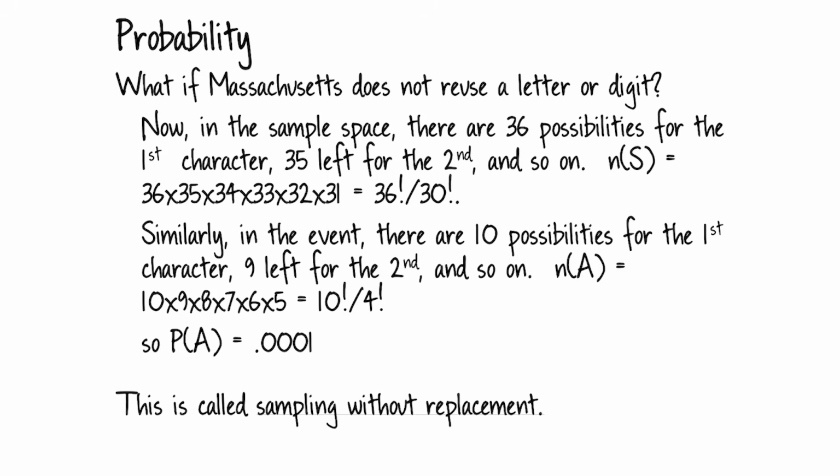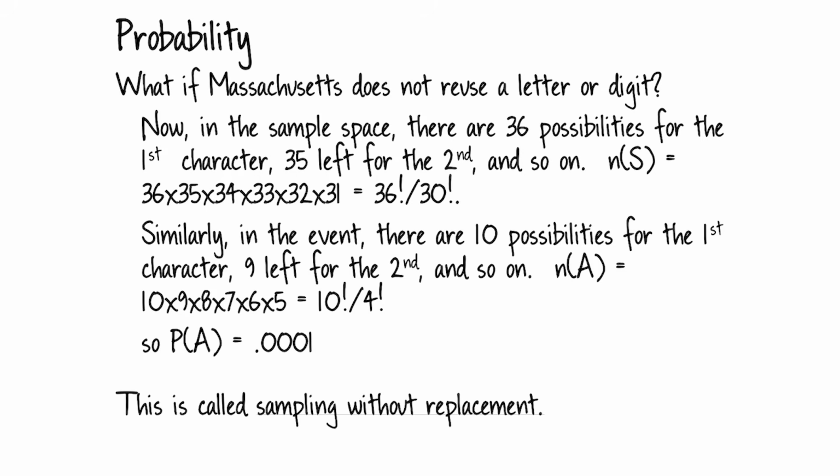We can write this in a somewhat more compact way as 36 with an exclamation point after it, which is called factorial, divided by 30 factorial. So we can write the number of possible license plates here as 36 factorial over 30 factorial. Then in counting the number of possibilities in the event, there are 10 possibilities for the first character, 9 left for the second, and so forth.